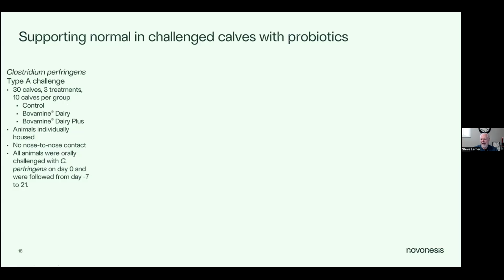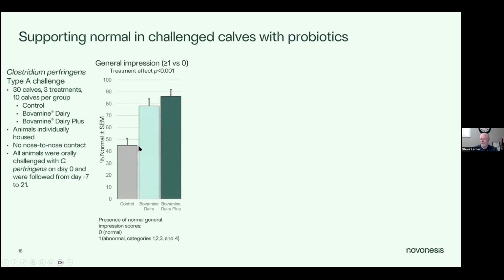Beginning at day zero, these animals were provided a high dose of Clostridium perfringens, and we observed them for the next 21 days, pardon me. So I have 7 days of observation prior to the challenge and 21 days of observation after the challenge.